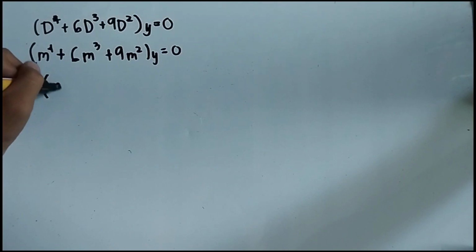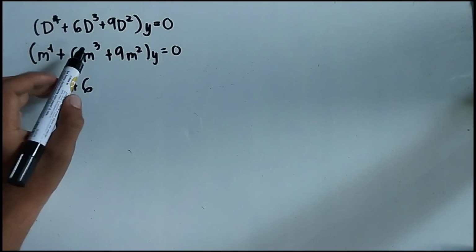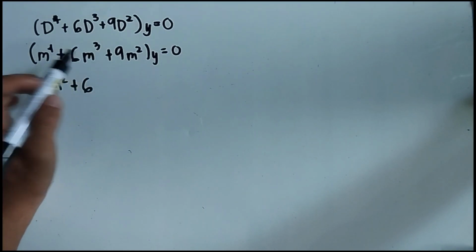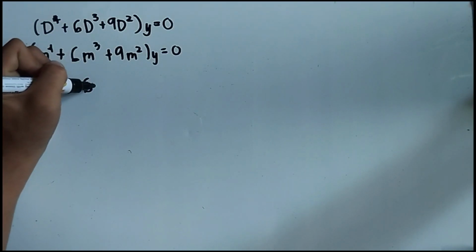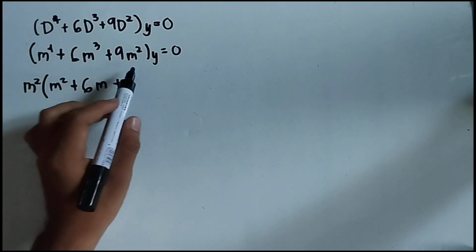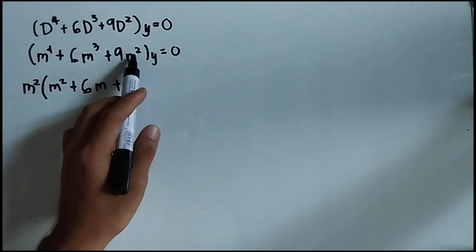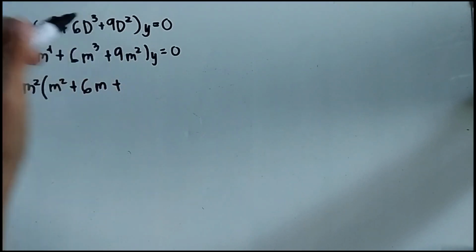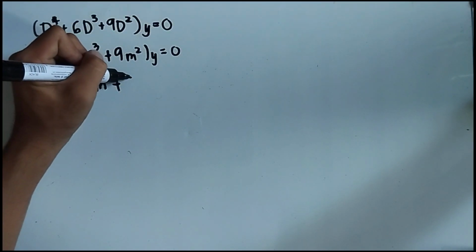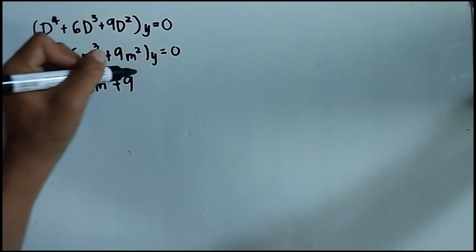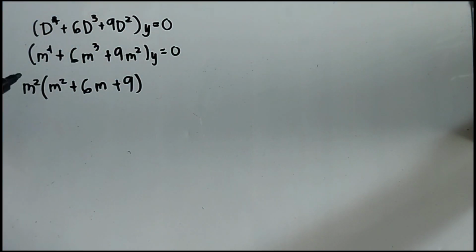This would become m squared plus 6m, since 3 minus 2 is 1, plus, since we factored out m squared, this would be cancelled, so we are left with 9. So as you can observe, we factored out the m squared, so m squared would be equal to 0.